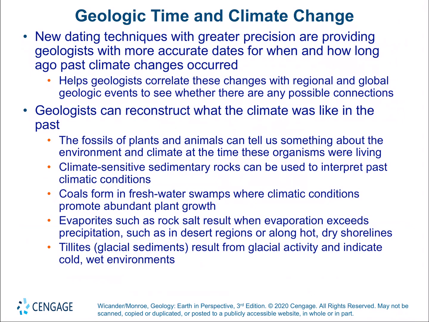Evaporites, rock salts, result when evaporation exceeds precipitation. Desert regions. Tillites are glacial sediments, so they're going to result from glacial activities. So we can use all this data now to help us reconstruct and help us learn about the past.